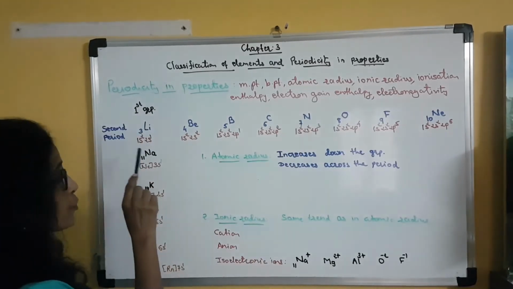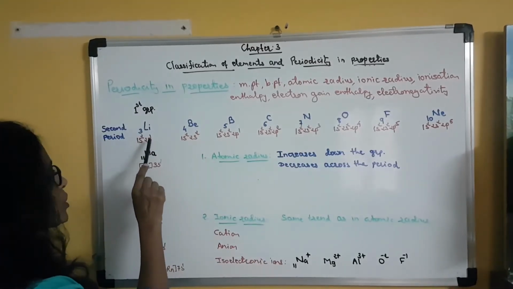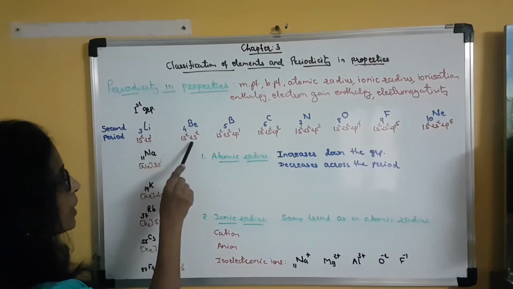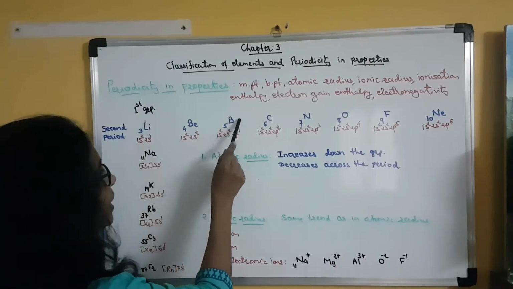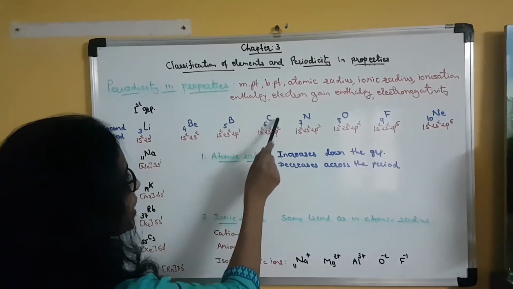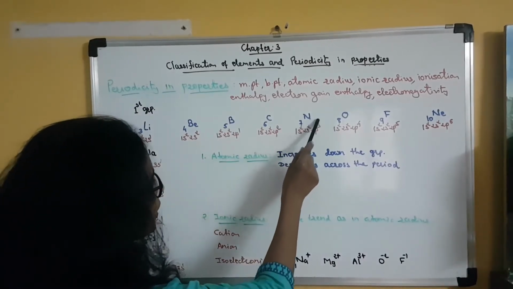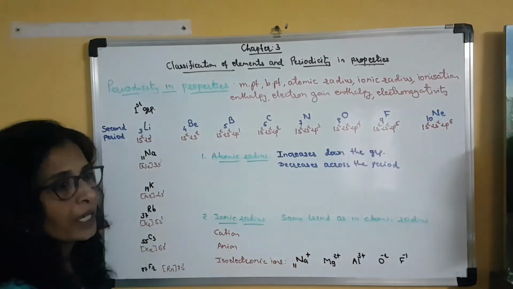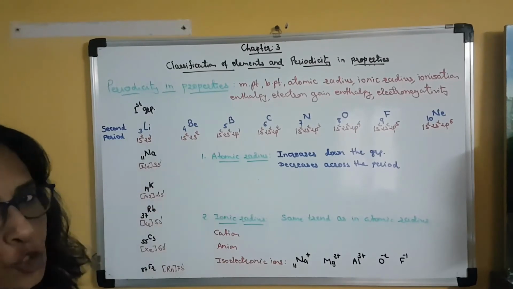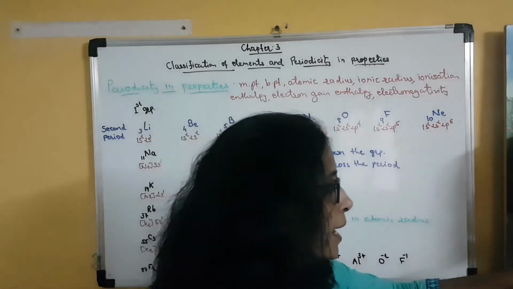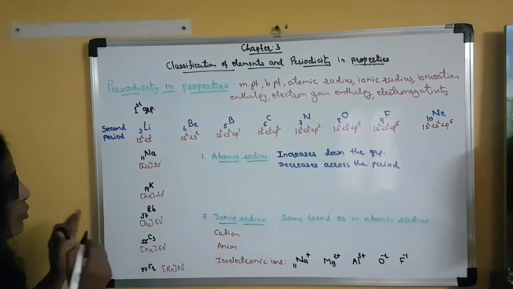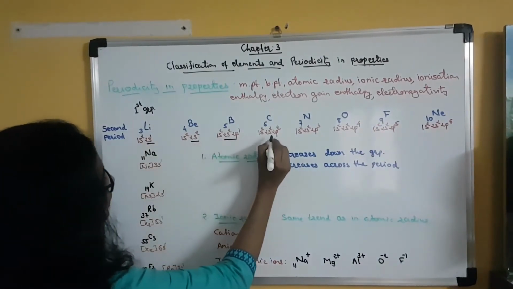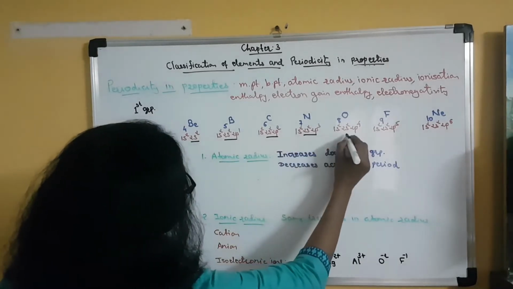And if you see the outermost configuration, then in lithium the last electron is in the 2s orbital, in beryllium it is in 2s, in boron it is in 2p, in carbon again 2p, nitrogen, oxygen, fluorine, neon, all these elements have their last electron in the 2p orbital. Clear? Now when we write the electron configuration, the last orbit is called the valence orbit or the valence shell.